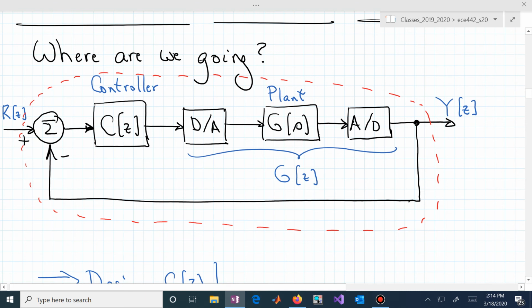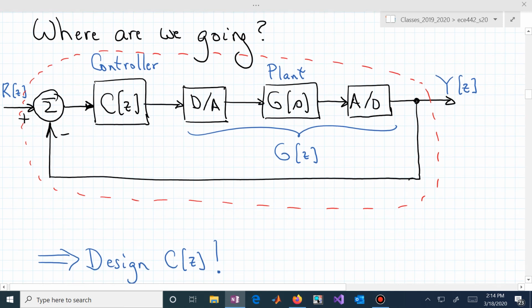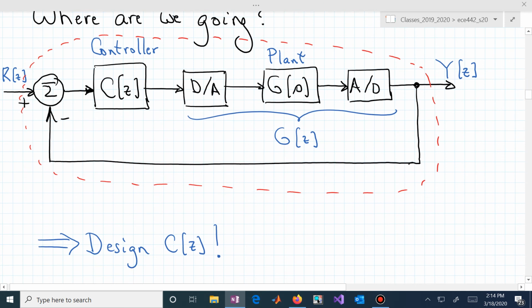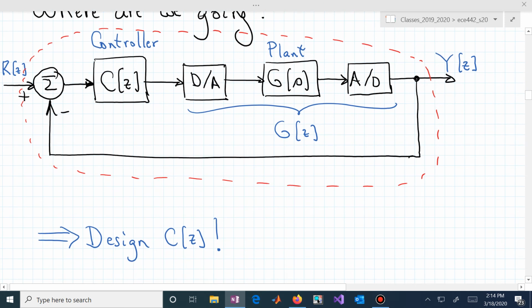But now suppose you are given a G of s and somebody says, I want you to control that, but I want you to control it with a digital controller. You could now find a zero order hold equivalent for that G of s to obtain a G of z, and now you need to learn how to design capital C of z. How do we determine what capital C of z needs to be?